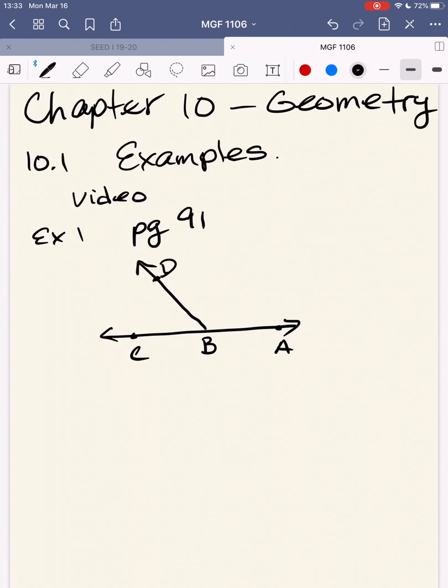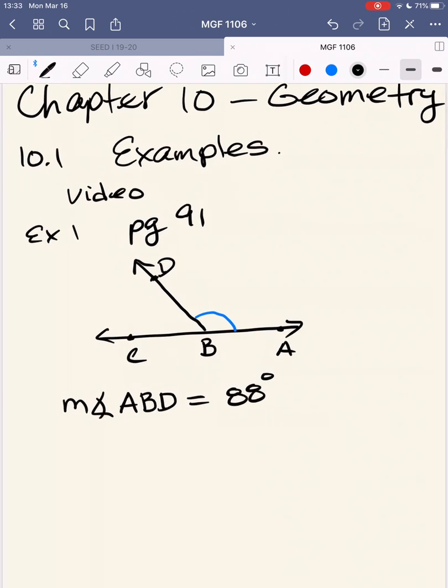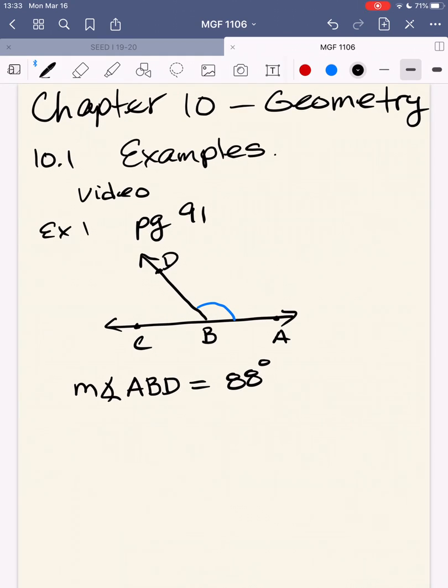I'm told that the measure of angle ABD, which is right here, is 88 degrees greater than, and greater than means addition, so it's more than, the measure of angle DBC.